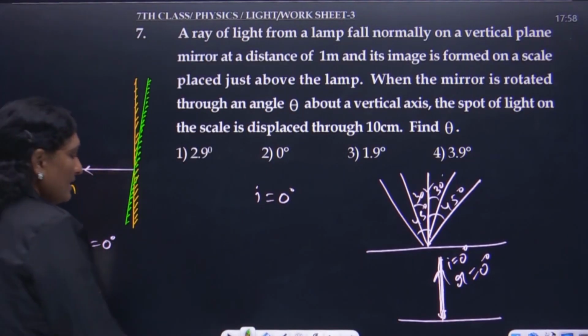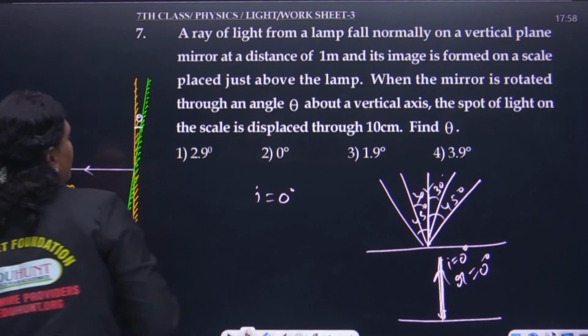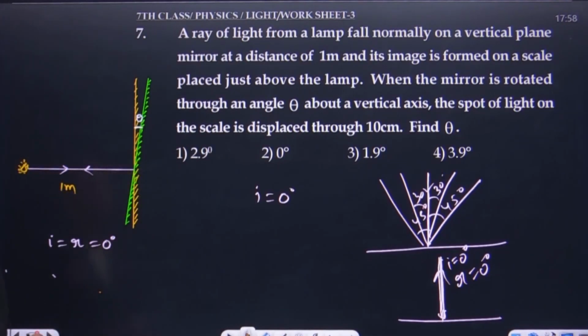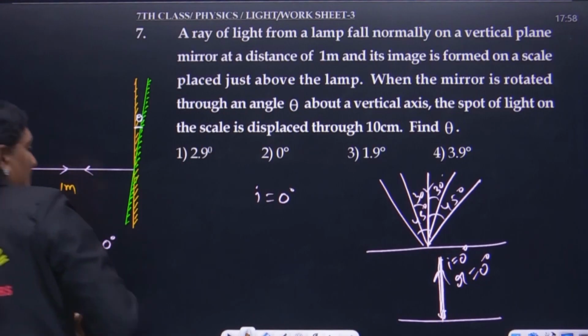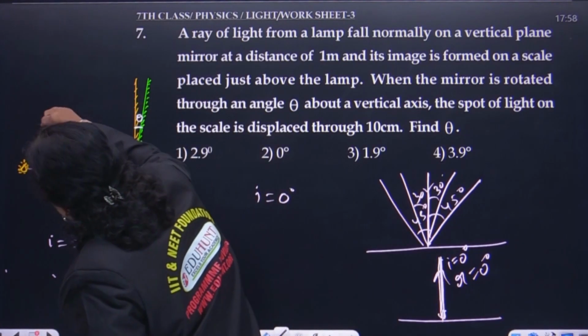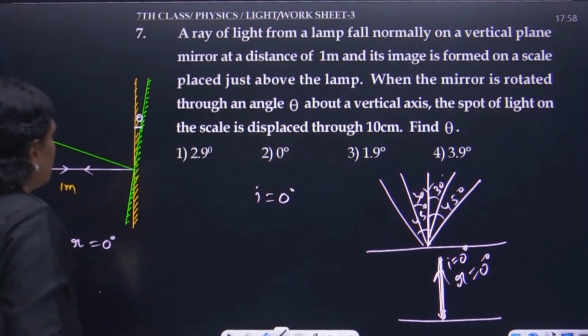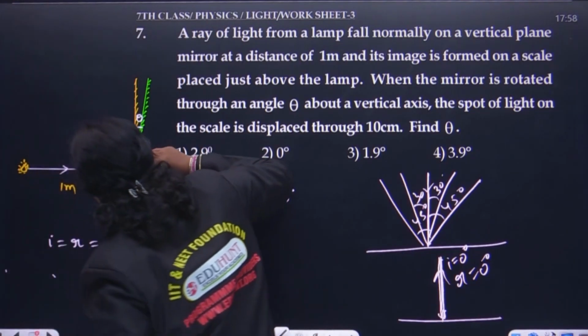And what is the angle of rotation they have given, children? The angle of rotation between these two, they have given as theta. So, when it is rotated through some angle theta, then the normal also shifts by some angle.